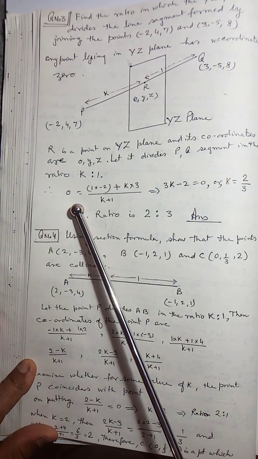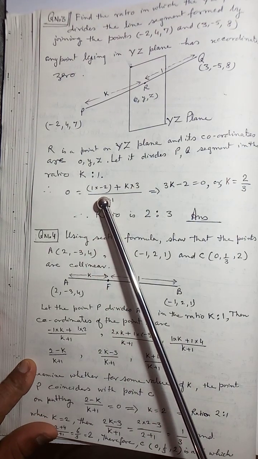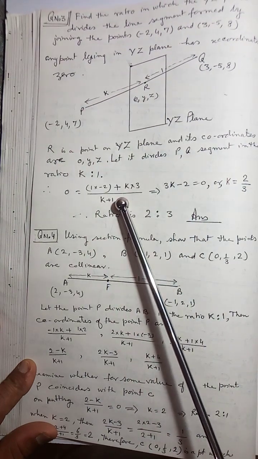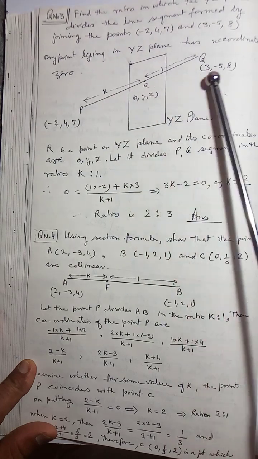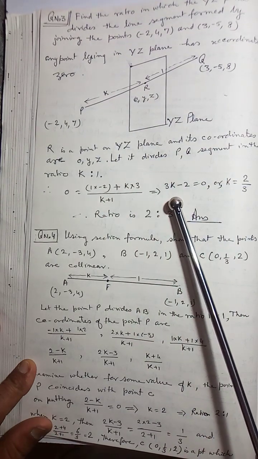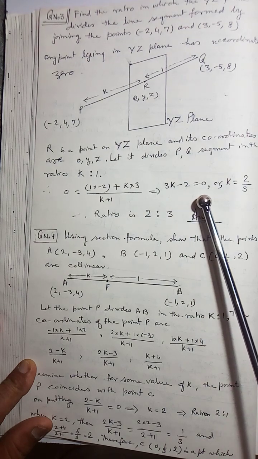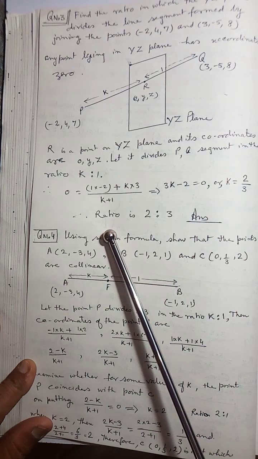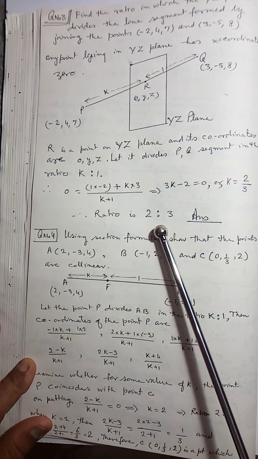So 0 will be equal to 1 into -2 plus k into 3, divided by k plus 1. It will be 3k minus 2 equal to 0 and k will be equal to 2 by 3. So the required ratio will be 2:3.